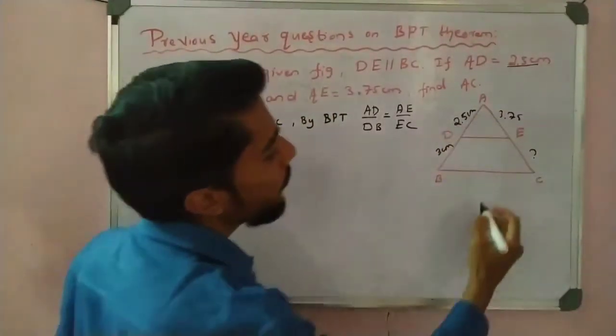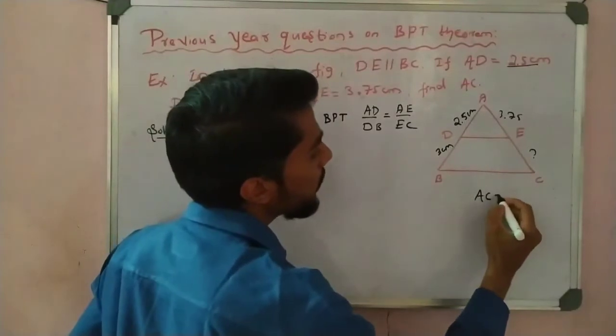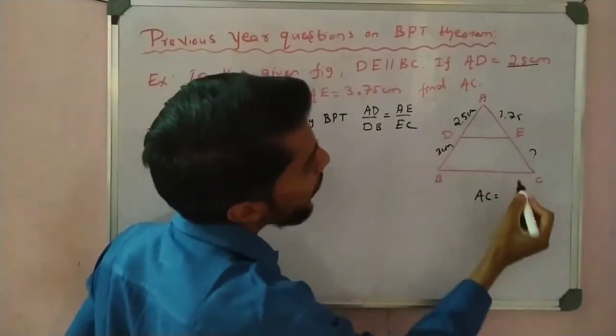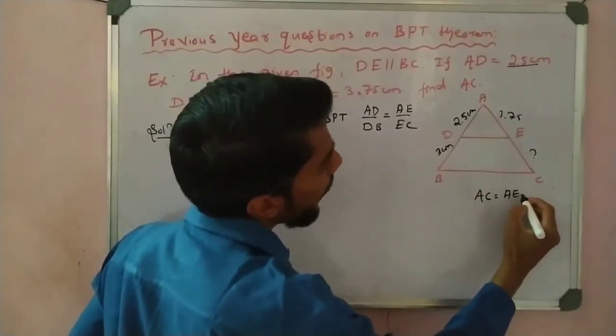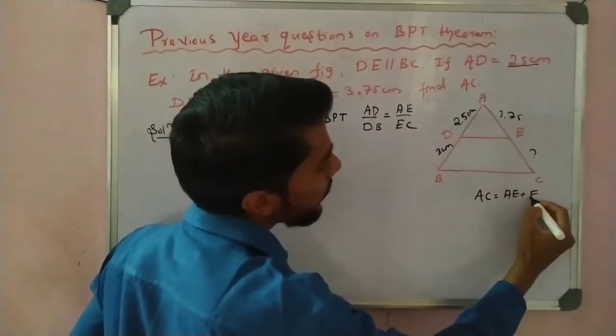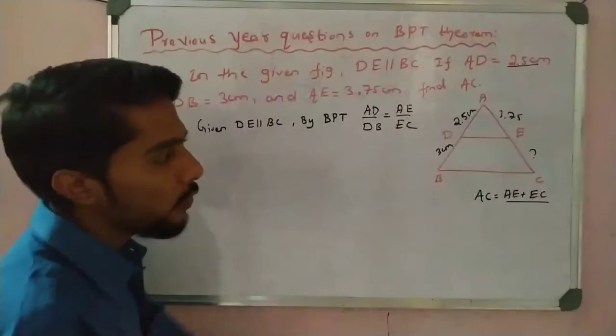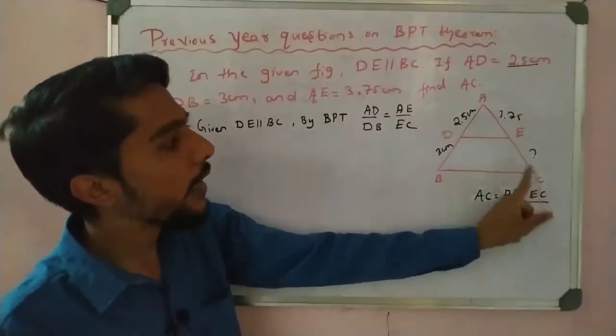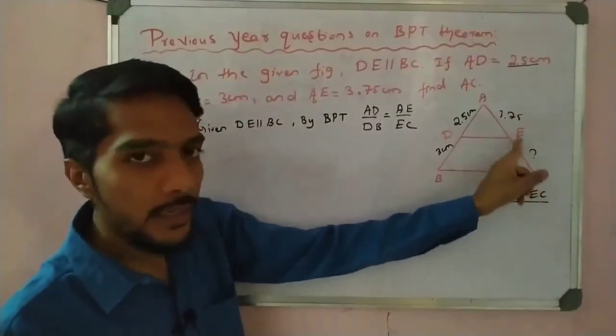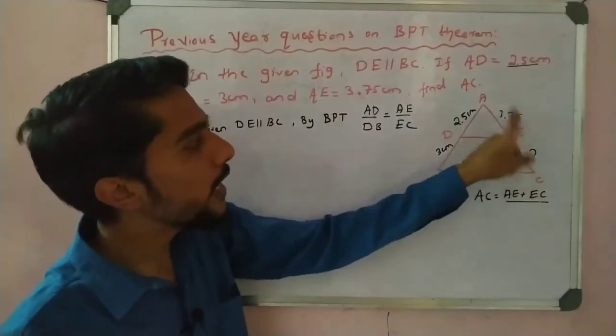If you want to find the full AC, what do we require? We require AE, which is given, plus EC. If we add EC to AE, we get the total AC. So we first have to find EC, then put its value here to get the total AC length.